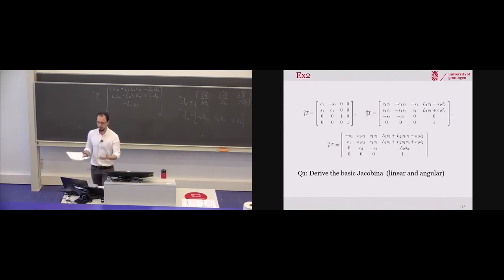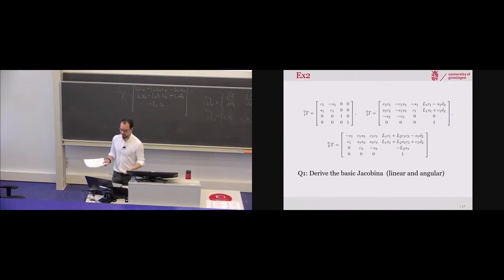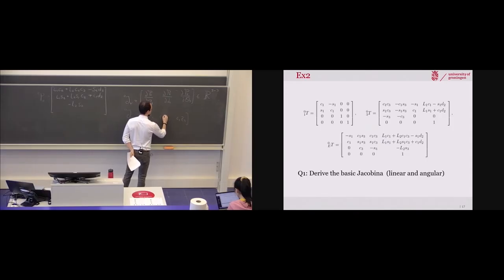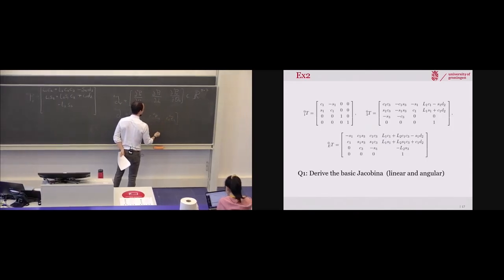Well, the only thing that we have are these matrices, and luckily for us, this is all we need, because it turns out that they are all expressed with respect to the zero frame. So this one is Z1 expressed in the zero frame, Z2 expressed in the zero frame, Z3 expressed in the zero frame.